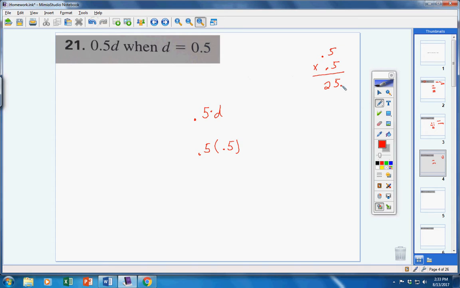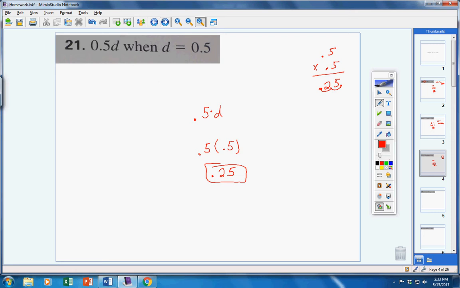Whenever you cannot see the decimal, it's at the end. And now move that 2 places to the left. 1, 2. So 0.5 times 0.5 is 0.25, or you would say 25 hundredths.